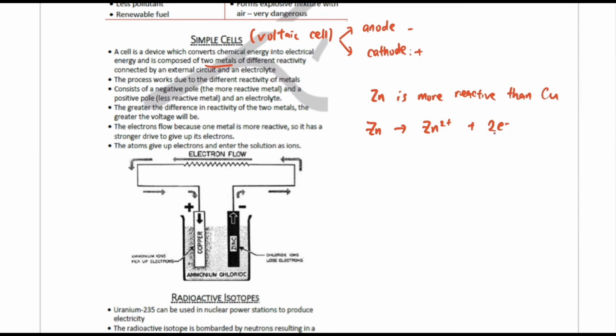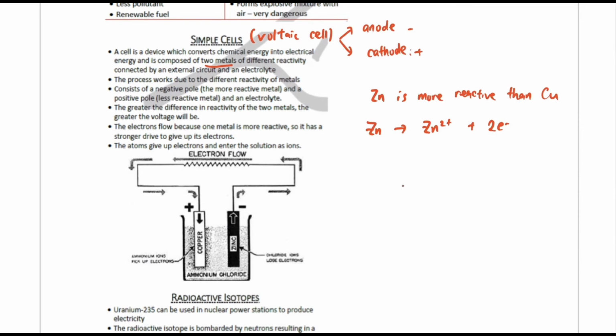When they form ions, they release electrons also. So that's why zinc has electrons coming out, because it forms Zn2+, and the electrons go through the external circuit to the copper. The less reactive metal, copper, tends to absorb electrons.